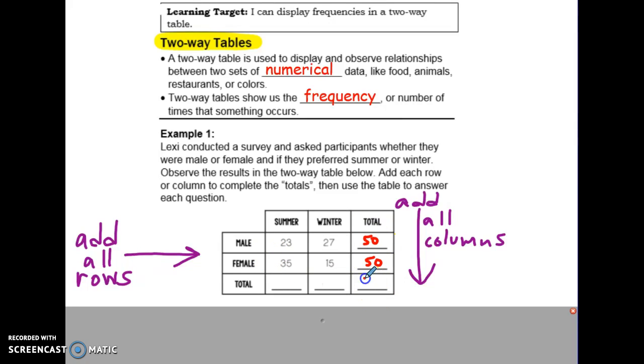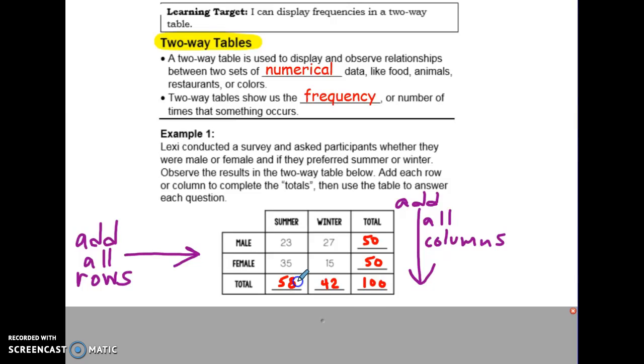When you start totaling the columns, you see that you have 100 people altogether. And when you count up the winter column, you have 27 plus 15, which is 42. And you have more people preferring summer because 23 plus 35 going down the column is 58.